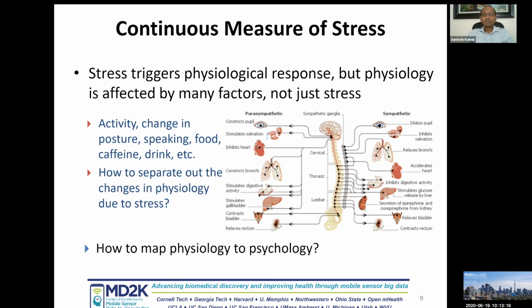But if we ask you now, you may still have some sense of being stressed. So the physiology would have recovered long ago, when you first heard the news, but the psychology takes a lot longer. So how do we map this physiological response to the psychological perception of stress? These are some of the challenges in developing this detection of stress.